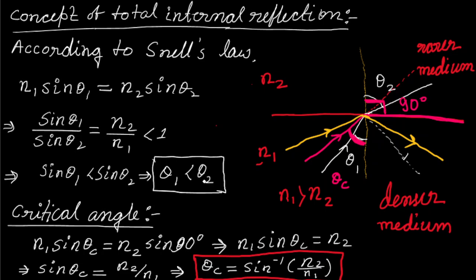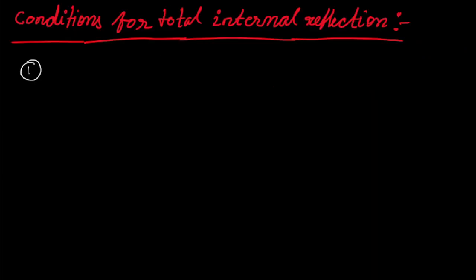That means if light is sent from the rarer medium to the denser medium, light will bend towards the normal, so we will never get total internal reflection. Total internal reflection only takes place when light goes from the denser medium to the rarer medium.